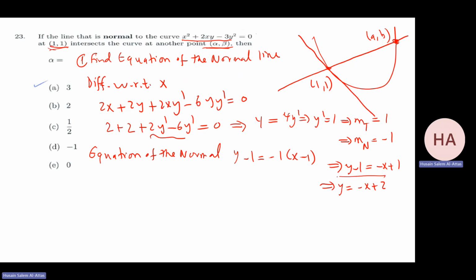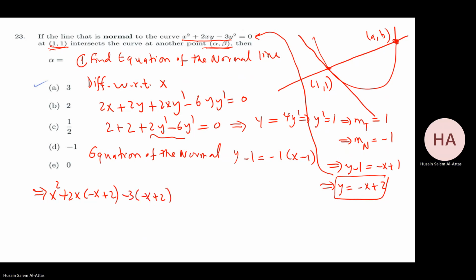What I will do, I will plug this into this one. So I have x squared plus 2x(minus x plus 2) minus 3(minus x plus 2) squared equals 0. I need to solve this. I have x squared, minus 2x squared plus 4x.